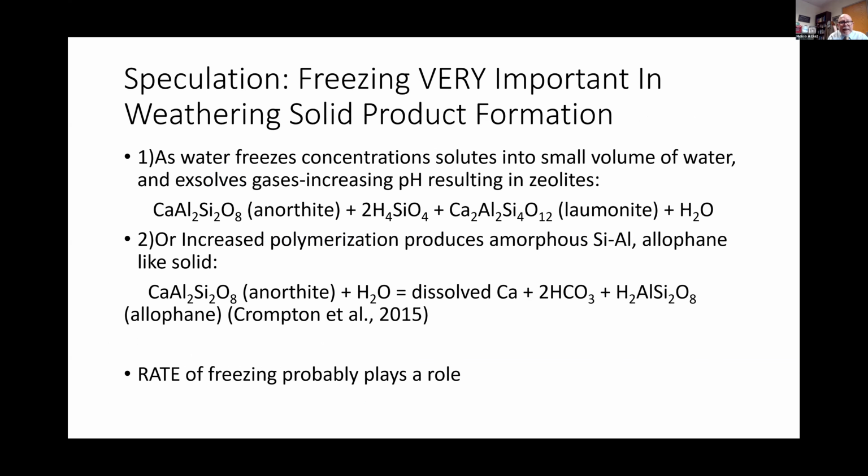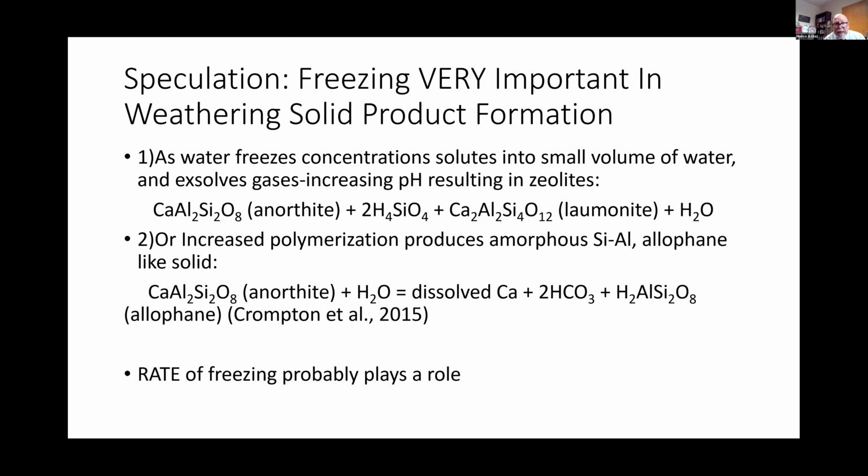So we speculate, not just on the work that we've done, but what I showed you earlier, that as the water freezes in these hyporheic zones, we get smaller and smaller volumes. We create almost a brine. In some cases, gases exsolve, including CO2, which increases the pH, which would lead to the precipitation of a zeolite. Zeolites have been found in Antarctic stream sediments, and that's the first equation that I showed you.